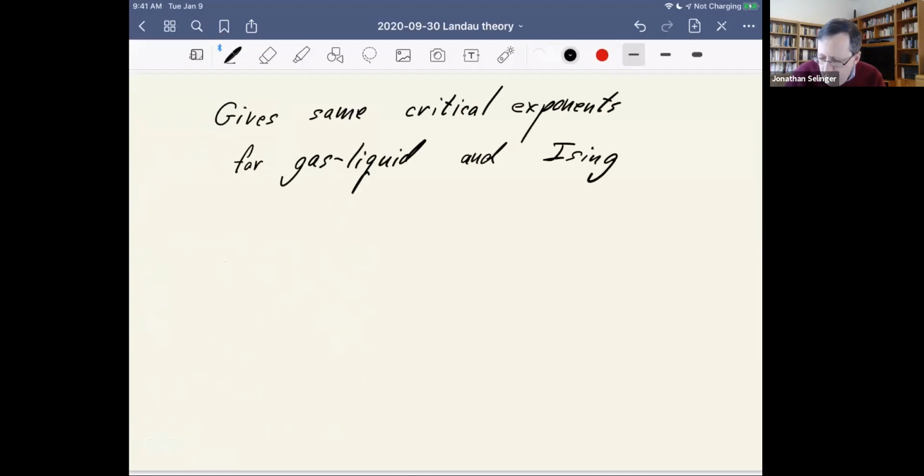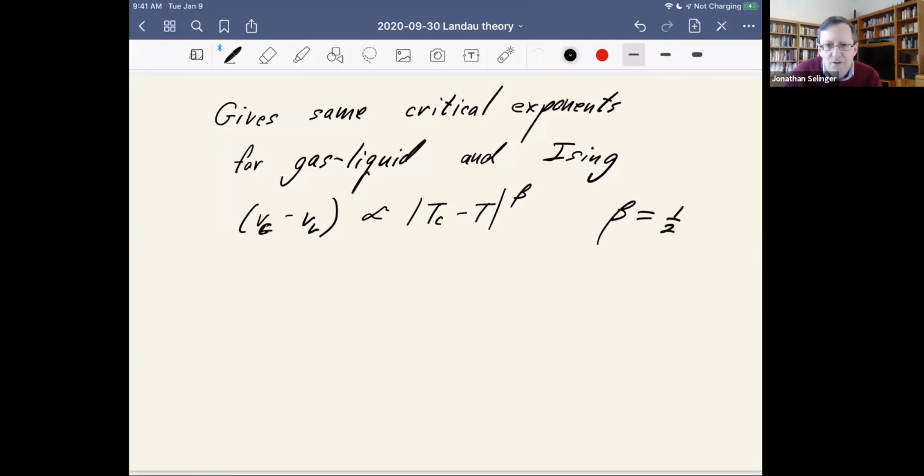So that means that we would say that the difference of volumes, the gas volume minus the liquid volume, is proportional to Tc minus T to the beta power, where beta is 1/2, right?